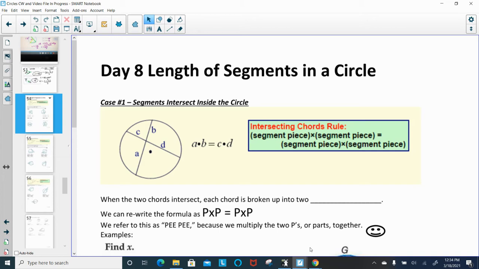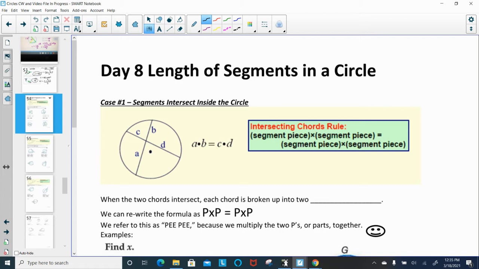And if you look at this particular circle, the part in the yellow here, let me grab a pen so I can point just a little bit. Here's the center, that little dot right there. You can see that this line with the A and the B and this line with the C and the D, they're going to intersect, but they're not intersecting at the center.